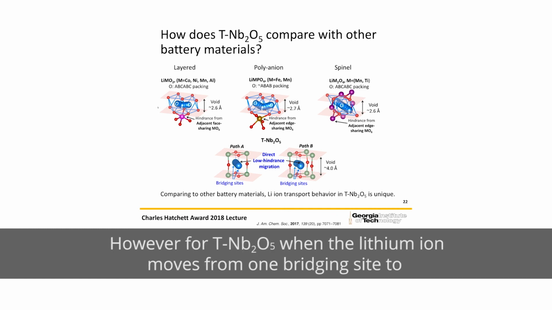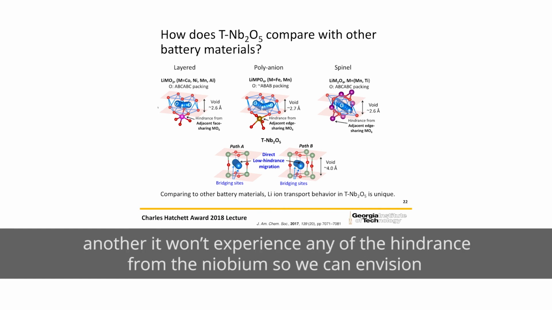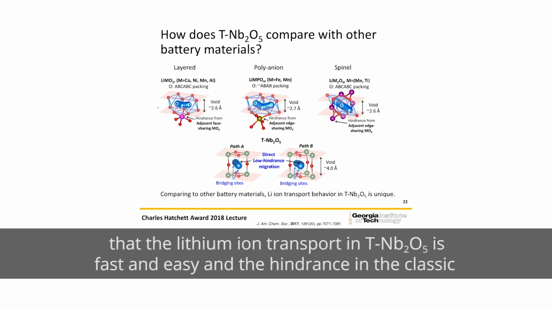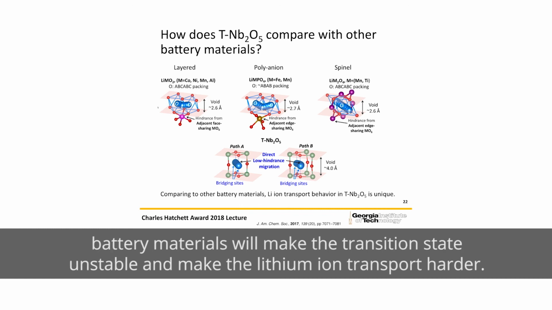However, for tin niobium oxide, when the lithium ion moves from one bridging site to another, it won't experience any hindrance from the niobium. So we can envision that lithium-ion transport in tin niobium oxide is fast and easy, and the hindrance in the classic battery materials will make the transition state unstable and make lithium-ion transport harder.